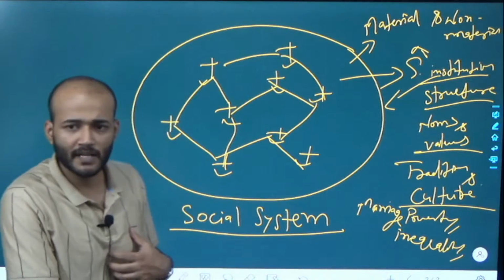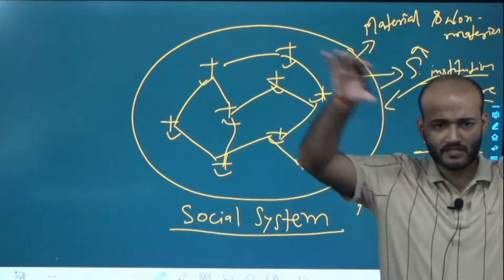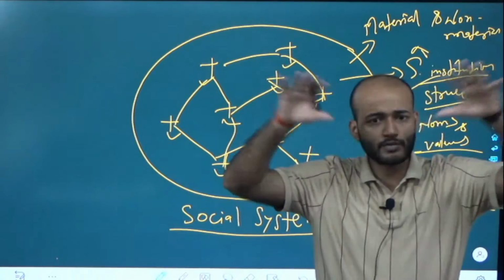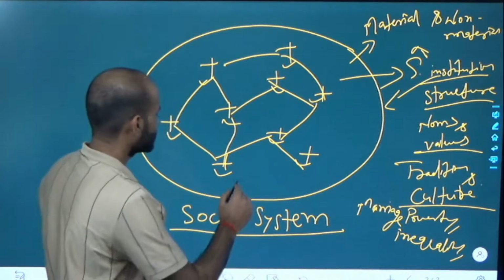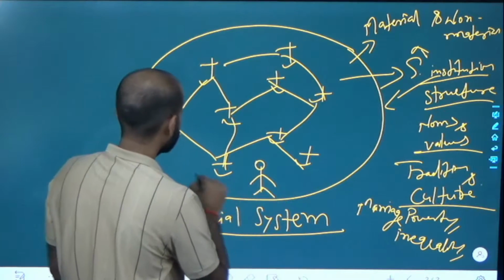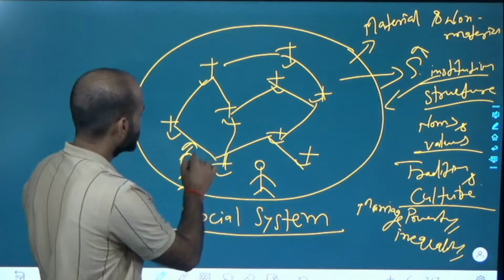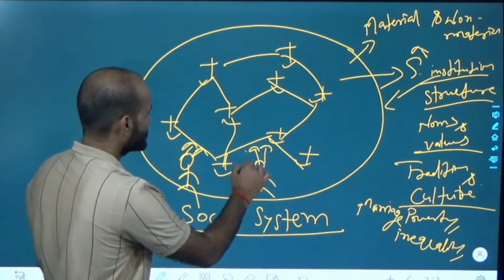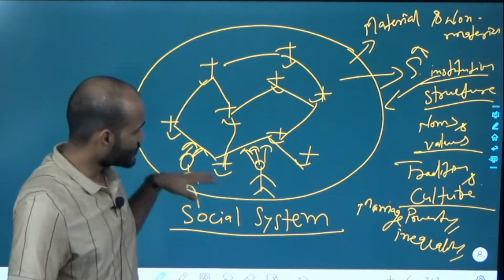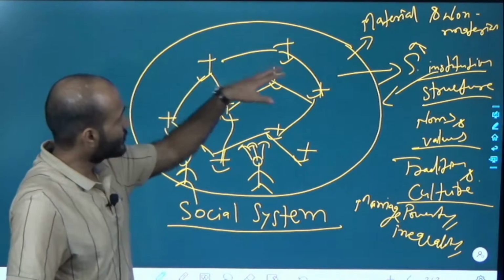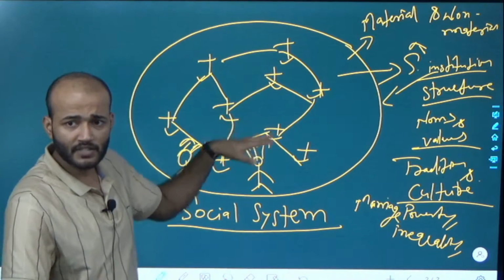So that also has functionality. Individual action influences the whole social system, right? Who is living within the social system? The individual. We live within the social system, and human beings created all these things. It means our social action is going to influence the whole social system.